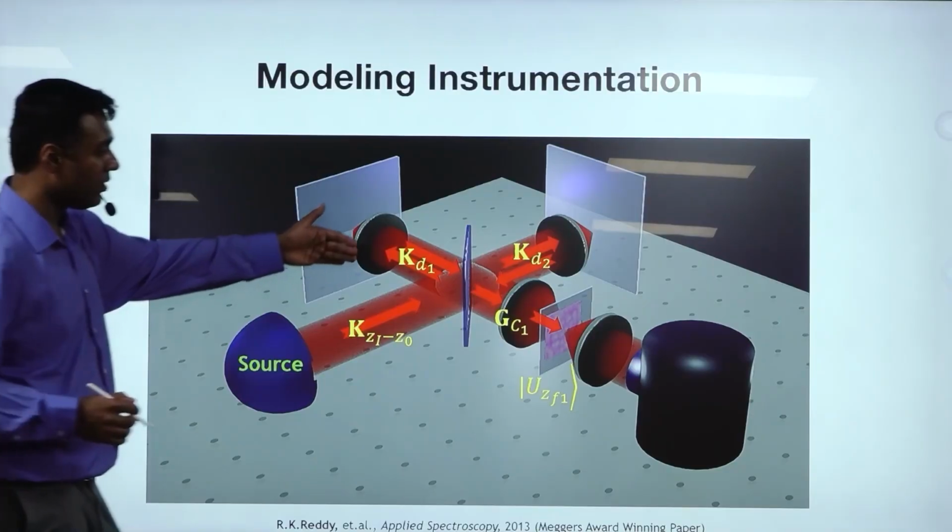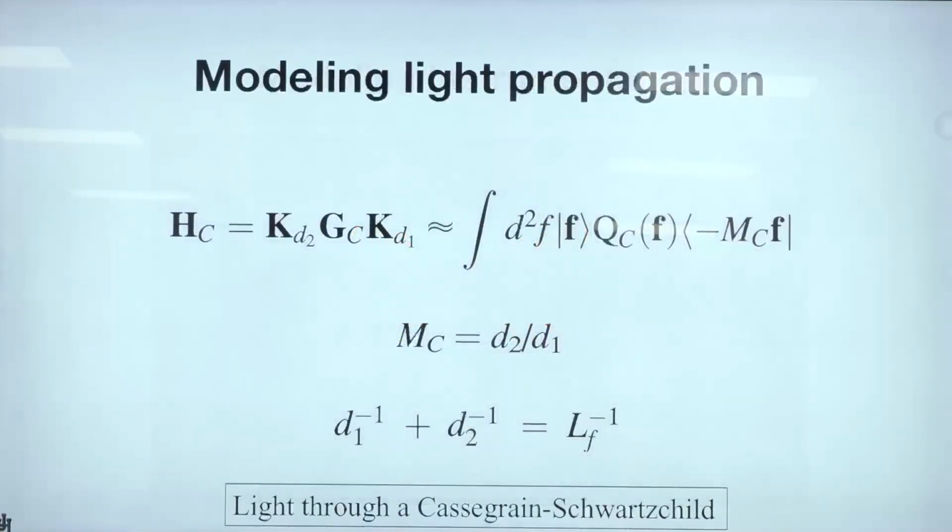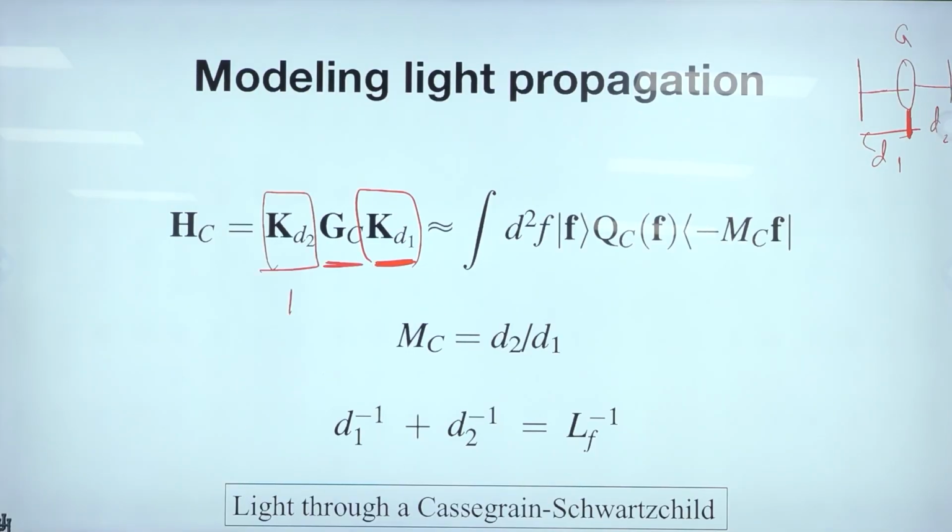Then light goes through and hits the sample. This focusing can be thought of as light going from one plane through a distance D1, then through the lens or Cassegrain with an operator G, and then through a distance D2.